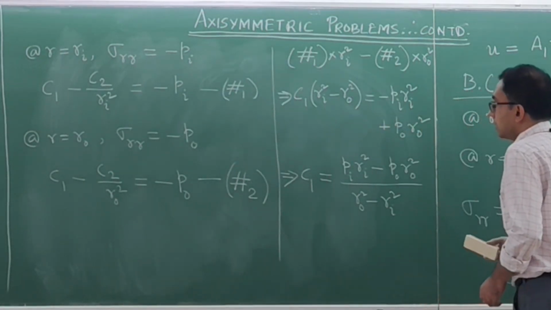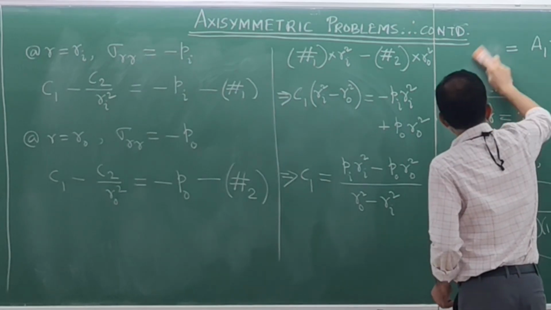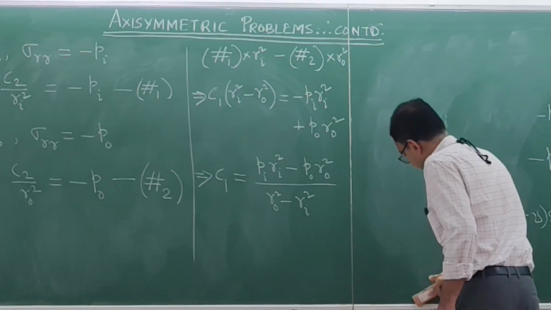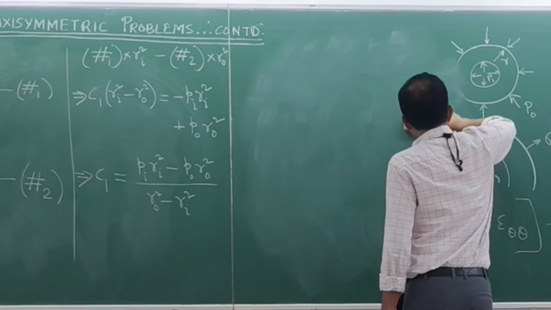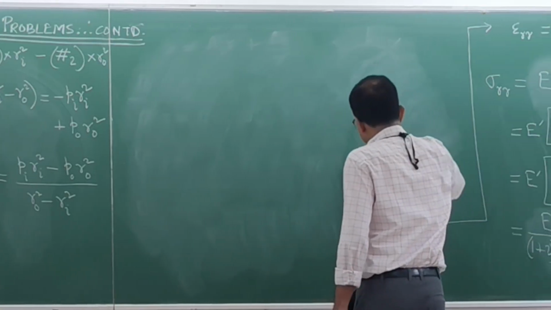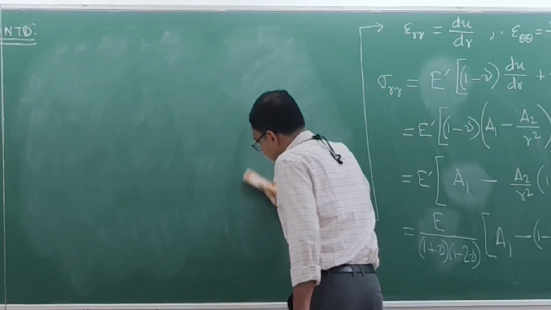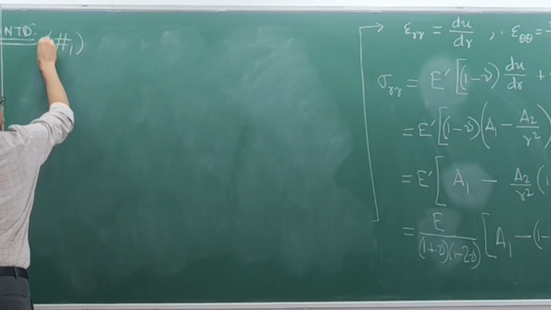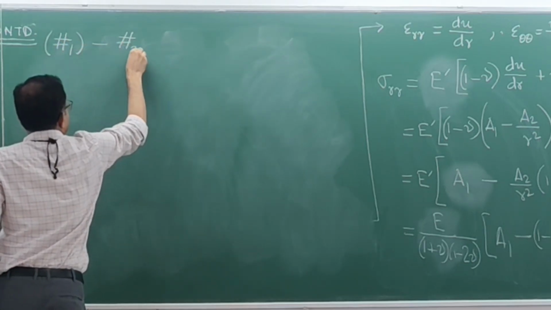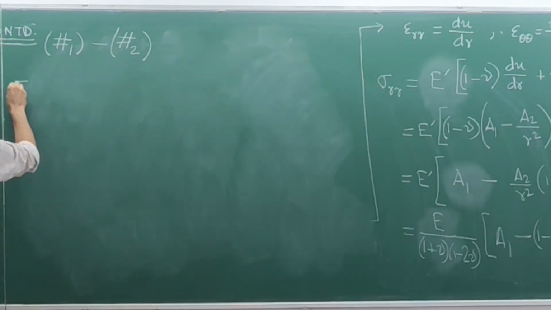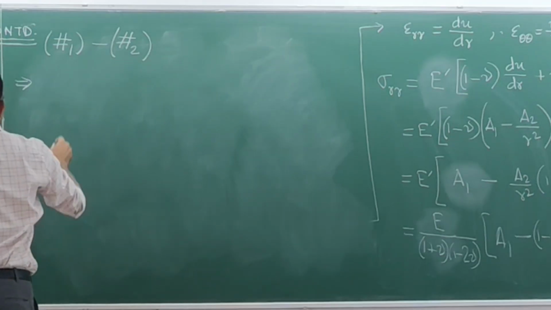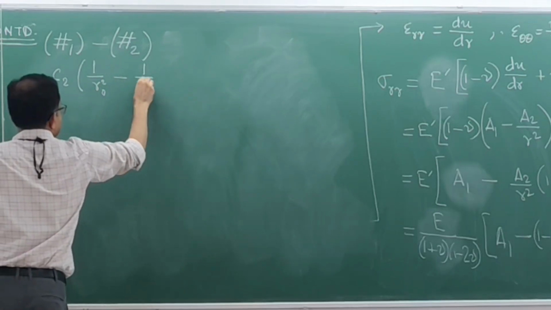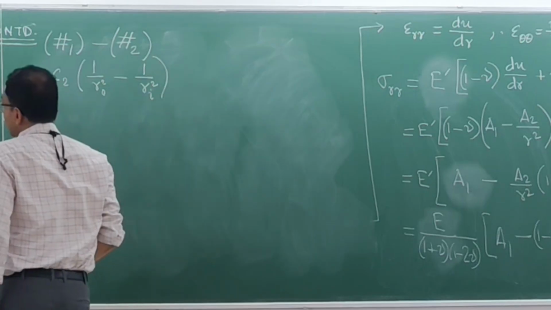And for the C2 we can just subtract. So this one will be C2, 1 by Ro square minus Ri square.